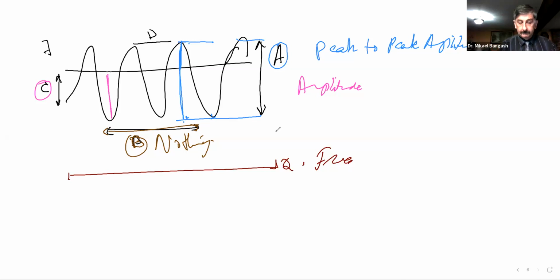Question 9. Which of the lines A, B, C, D is most likely going to be the reciprocal of frequency?